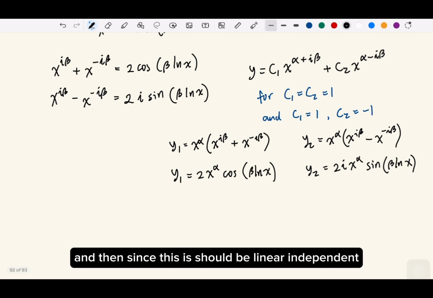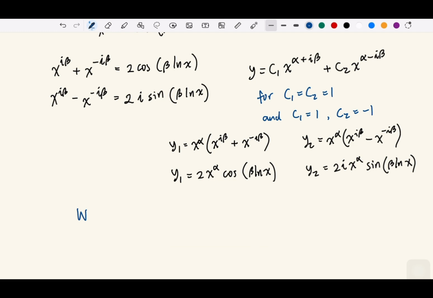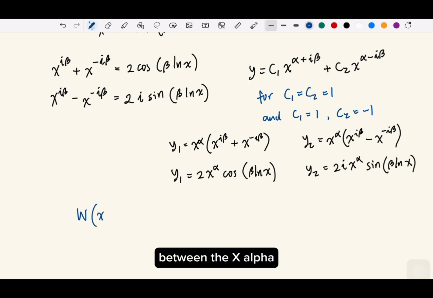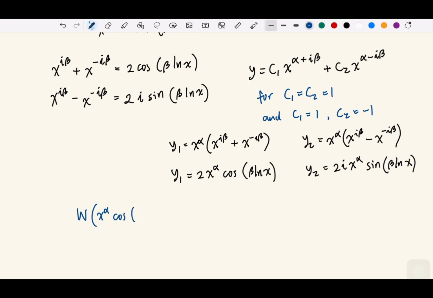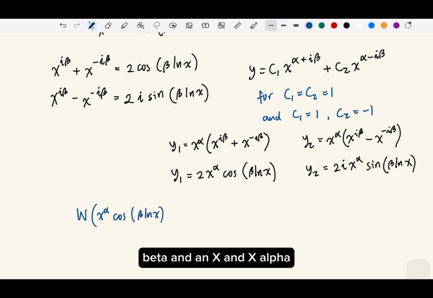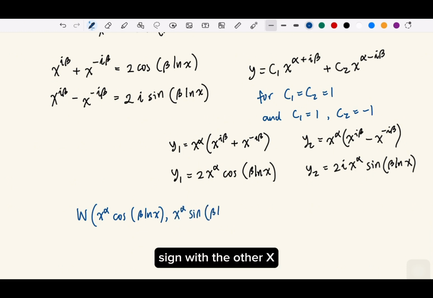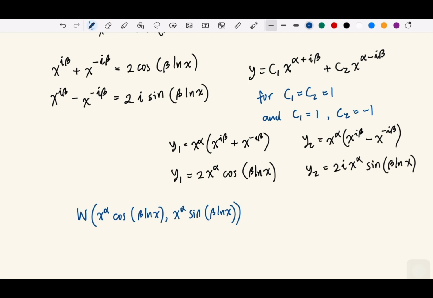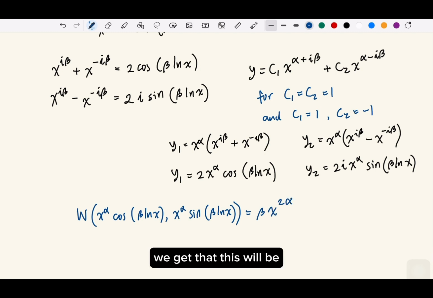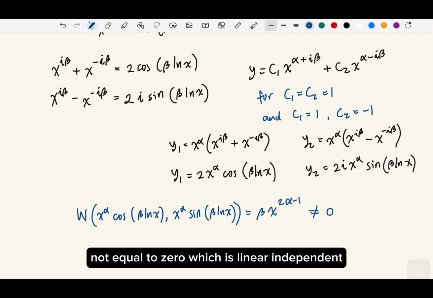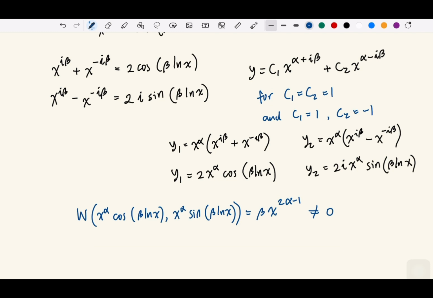And then this should be linearly independent. If we take the Wronskian between x to the alpha cosine beta ln x and x to the alpha sine beta ln x, we get that it is not equal to 0, which means they are linearly independent.